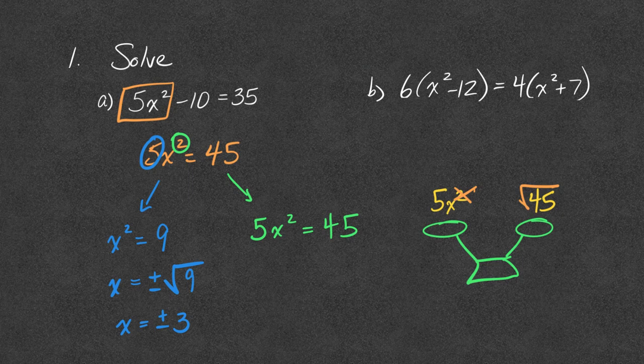Notice my square root operation is over the 45. But my square root only eliminated the squared on the left. What about the 5?